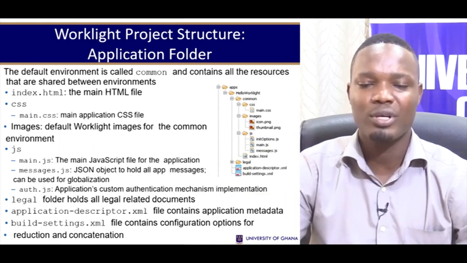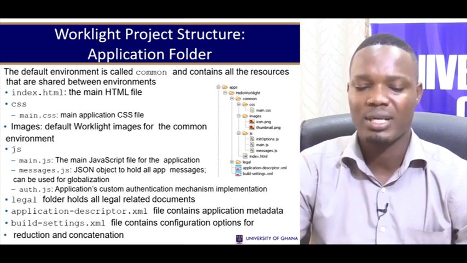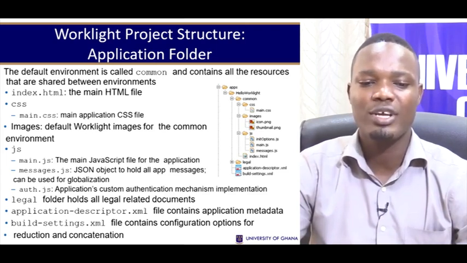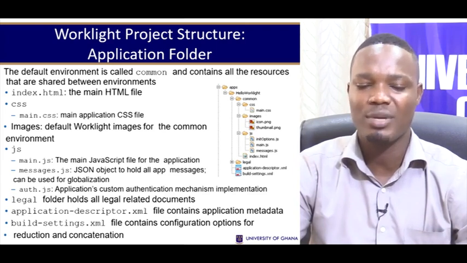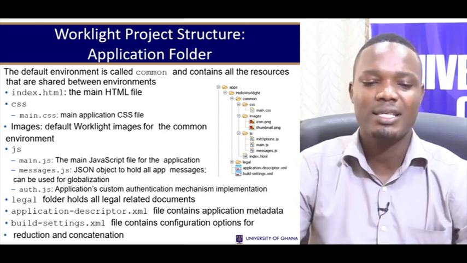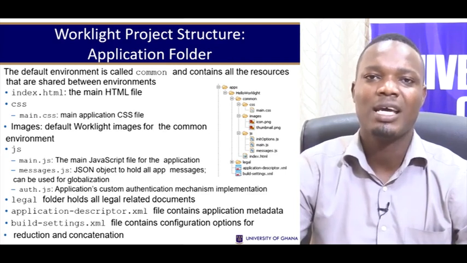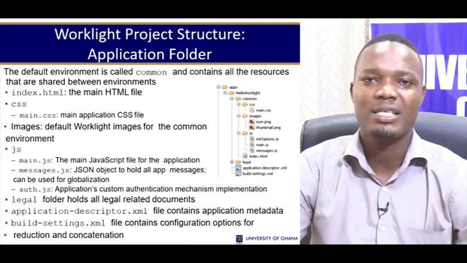Now, the Worklight project has a structure which we saw a screenshot of in the previous slide. Now, the default environment is called common, and it contains all the resources that are shared between environments. We have the index.html file, which is the main file, and that's where our application is going to begin.